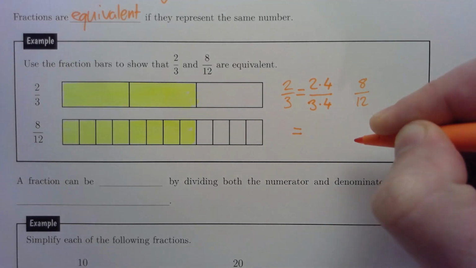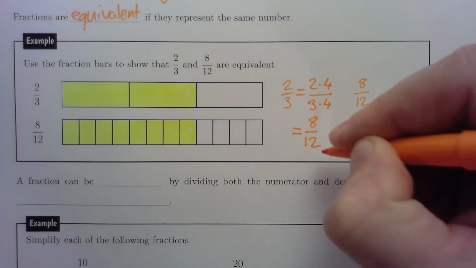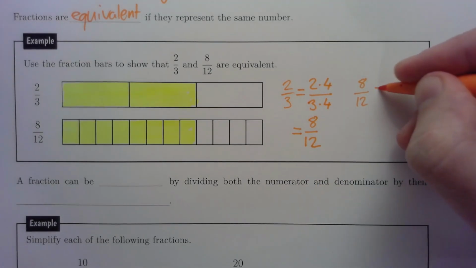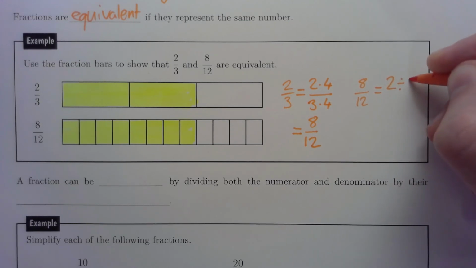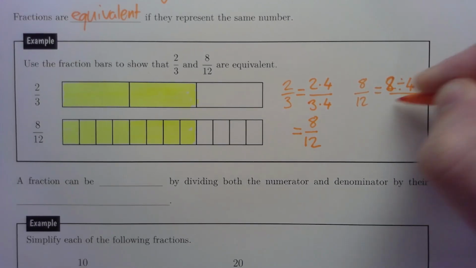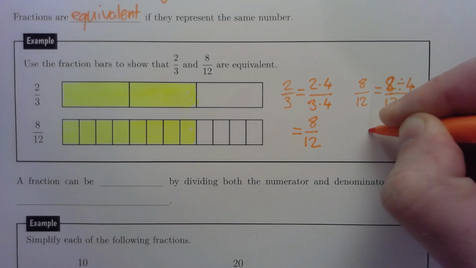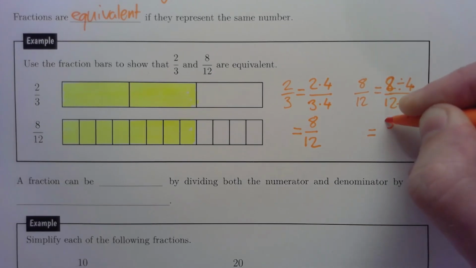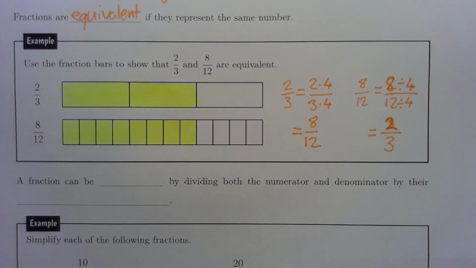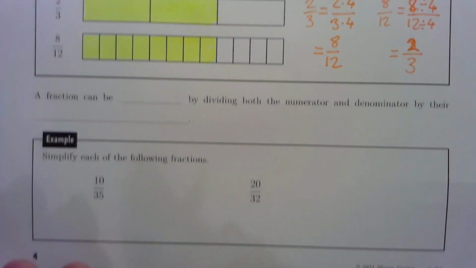We can show this numerically by taking 2/3 and multiplying both our numerator and denominator by 4, and we get 8/12. We could show the exact same thing the other way by starting with 8/12 and instead dividing both the numerator and denominator by 4 to get 2/3. Either one of these approaches shows that these two fractions are equivalent.